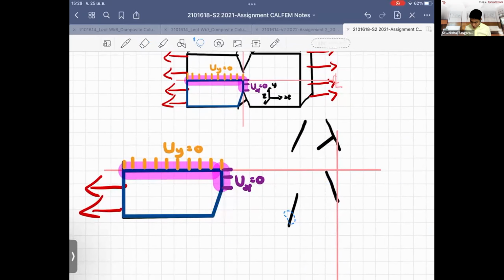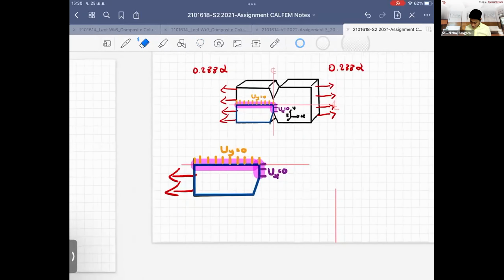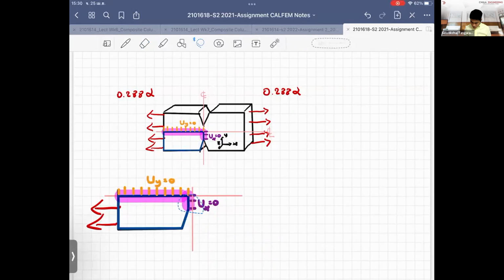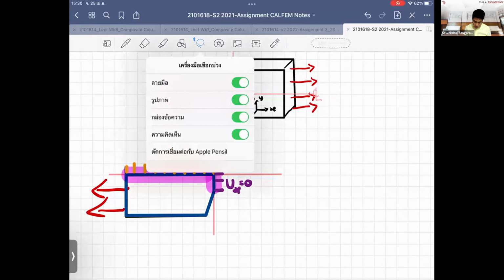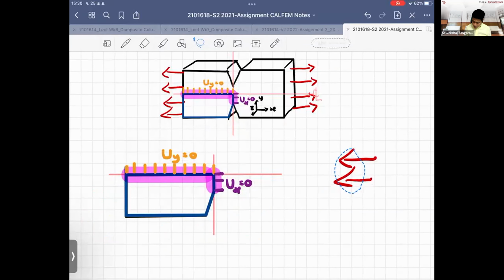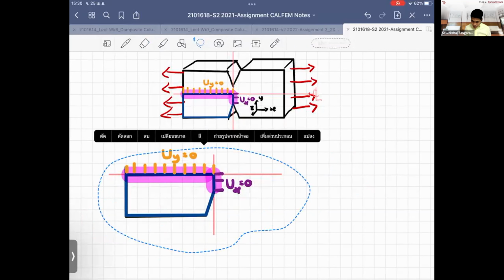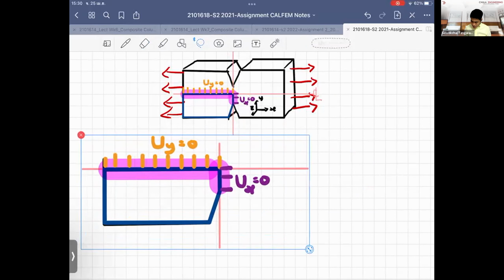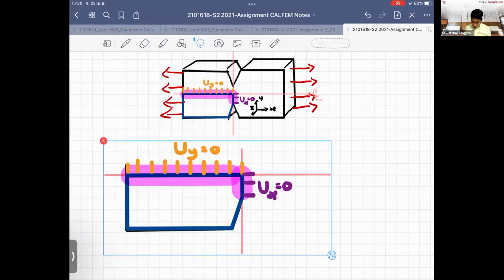We don't need this actually. Now we want to do the structure model of this one here, only a quarter. So let me enlarge this figure a bit more.